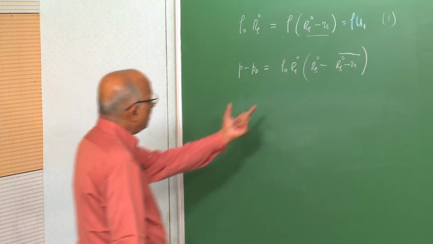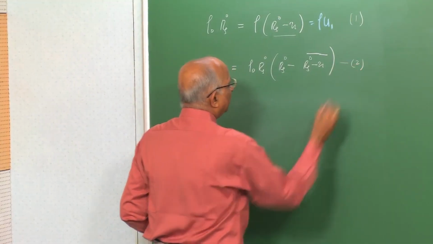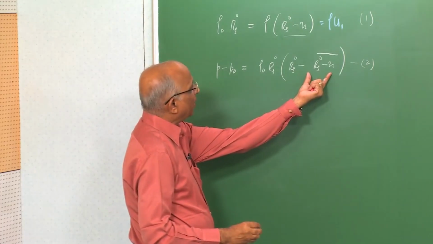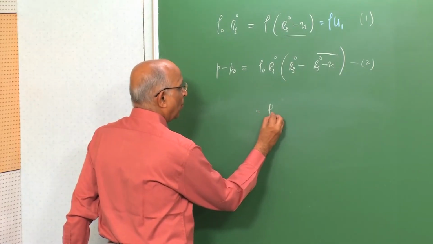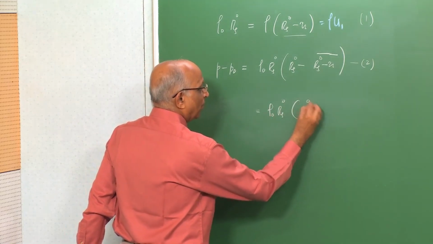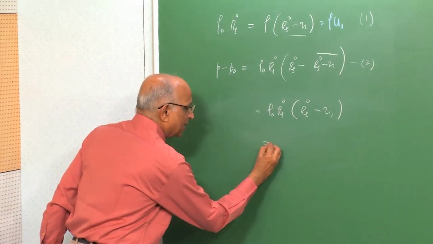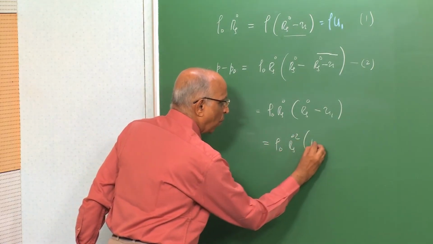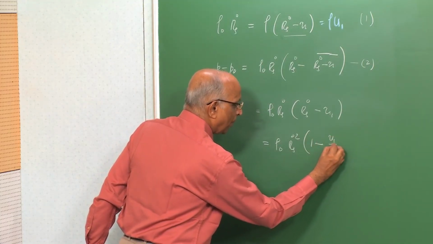I have the momentum equation here, which is equation 2, and now I write r s dot minus u is equal to u1. Therefore, I can write this as equal to rho naught into r s dot minus u1, and again as rho naught into r s dot square into 1 minus u1 divided by r s dot.